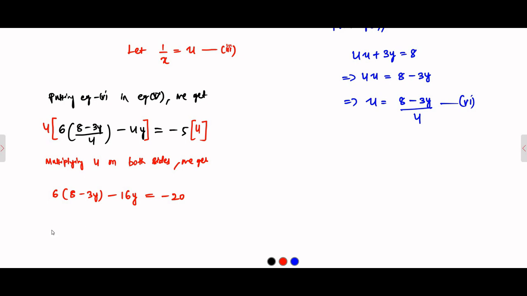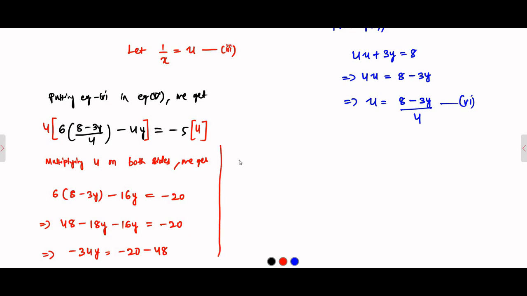Now it is 6 into 8 is 48, minus 18y minus 16y is equal to minus 20. That implies here 18 minus 16, that is, minus 34y is equal to minus 20, and here it becomes minus 48.